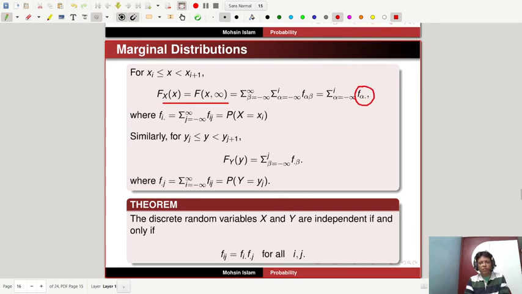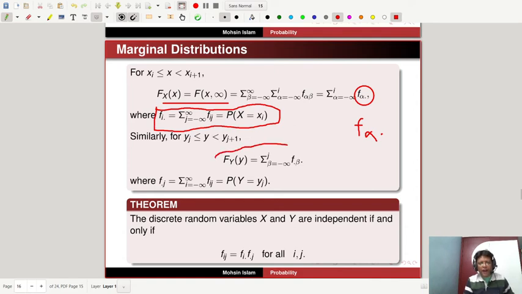Look at that, here you have a dot, f alpha dot, replacing beta by a dot. Why is the dot notation here? The dot notation represents the summation over j from minus infinity to infinity of fij, which is the probability of X equal to xi. So that is the notation.